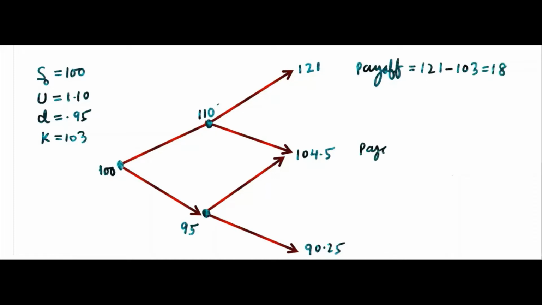Here the payoff, 104.5 minus 103, that is 1.5.